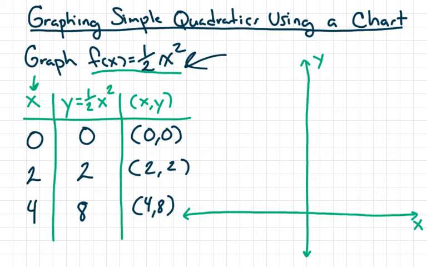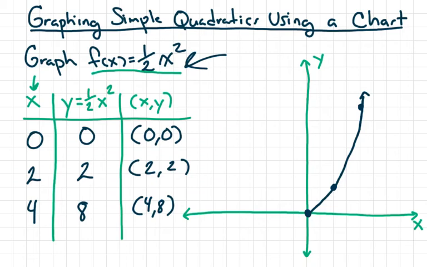So we have 0, 0, 2, 2, and then 4, 8. Okay. So this is half of our parabola, okay?